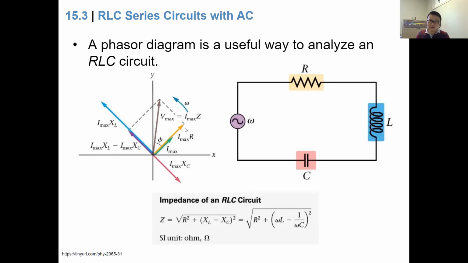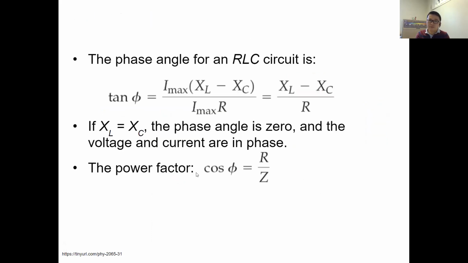So it's XL minus XC divided by R. In the case of XL equal to XC, the phase angle will be 0, so everything simplifies to just R in the circuit, because XL and XC cancel out.